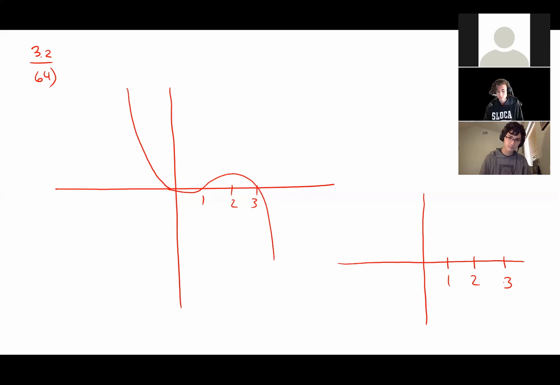What we normally look for first is minimum and maximum values, when the tangent line is 0 or when the slope is 0. So I notice right here, that point has a tangent line with slope 0.